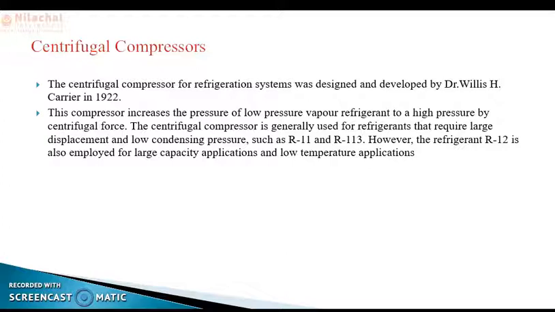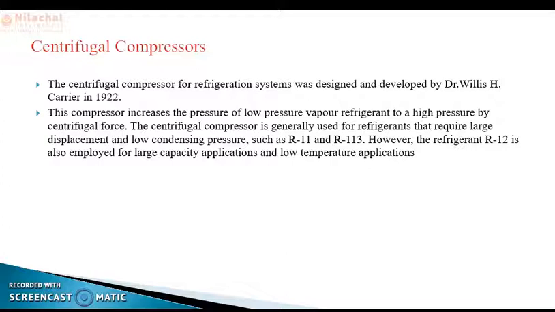If you are considering the centrifugal compressor, the potential energy Z, that height, is almost constant at the inlet and the outlet, so we can neglect that parameter. The rest, the pressure energy and the kinetic energy, is equal to constant.